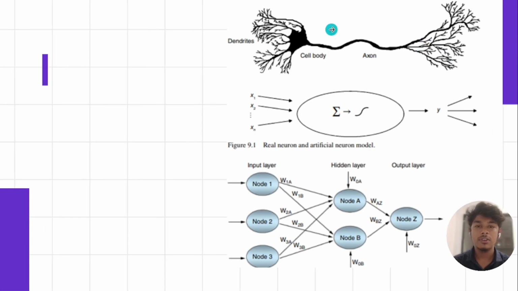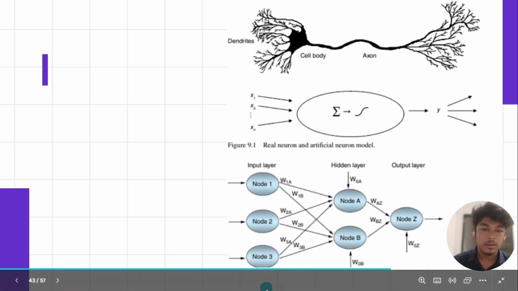As we can see, this is a human neuron containing a cell body, axon, and dendrites. But in an artificial neural model, it contains an input layer, an output layer, and in between a hidden layer. We can see that each cell representing data is called a node.